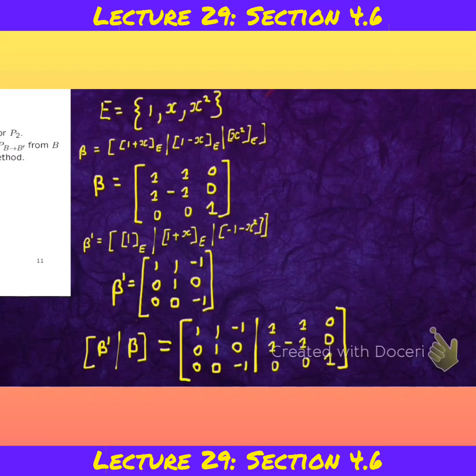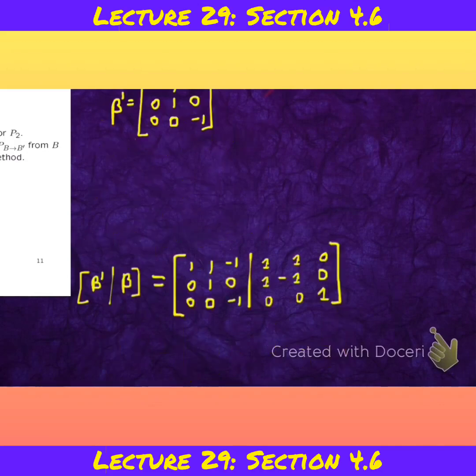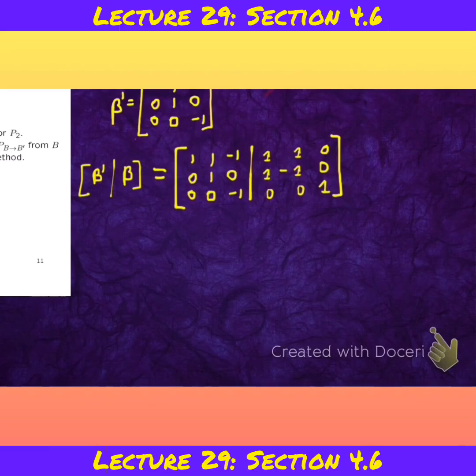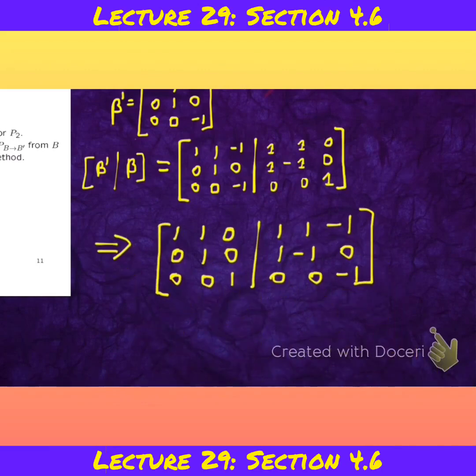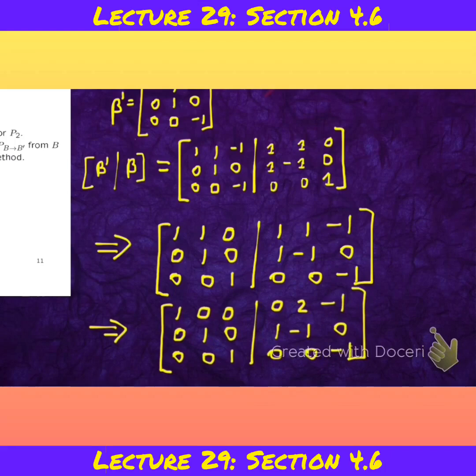All right. And now putting all of that together and doing row reductions, we can get the following. Right, then we take negative the last row and add it to the first row, and then multiply the last row by -1 and get this. Right, then we take negative the second row and add it to the first row, and we get our next step.